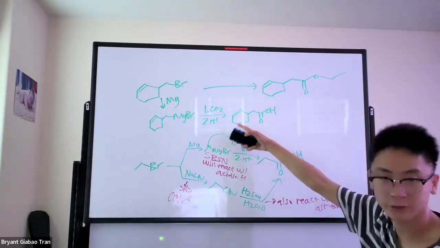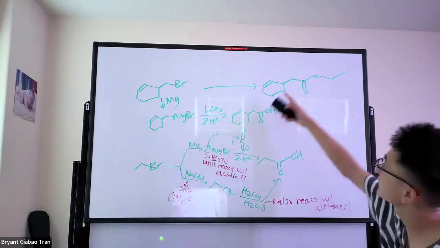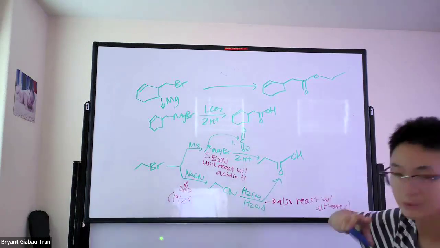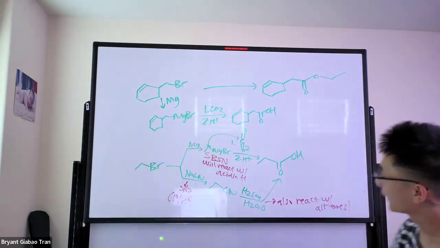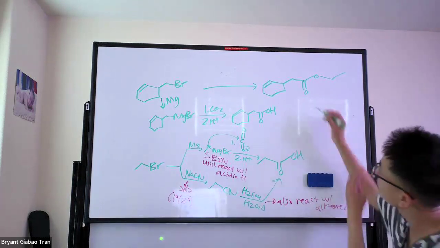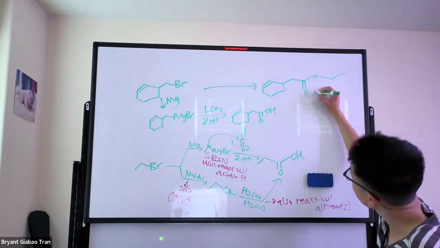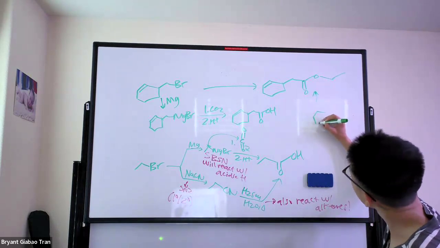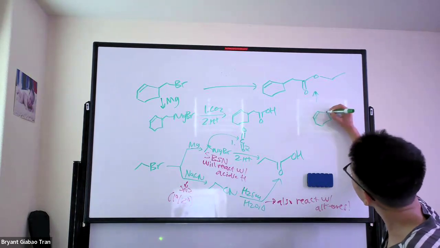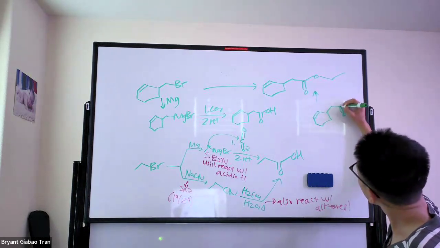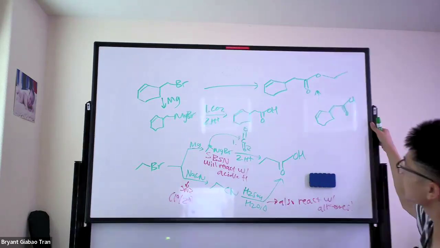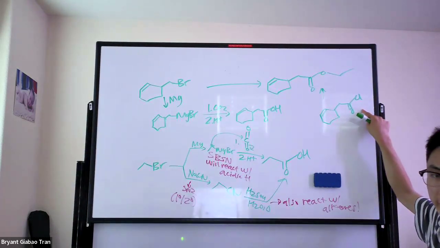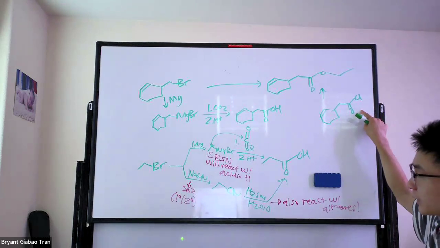But we said that the alkene there does not want to react with an acid because it needs to stay unreacted. So we have to do some other route. Okay. Let's say this came from the most reactive derivative, acyl chloride. This is the most reactive derivative here, meaning that it does not require heat.